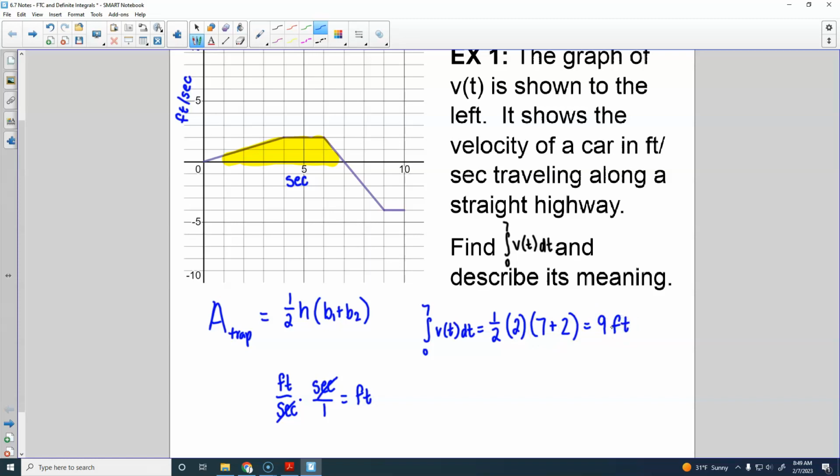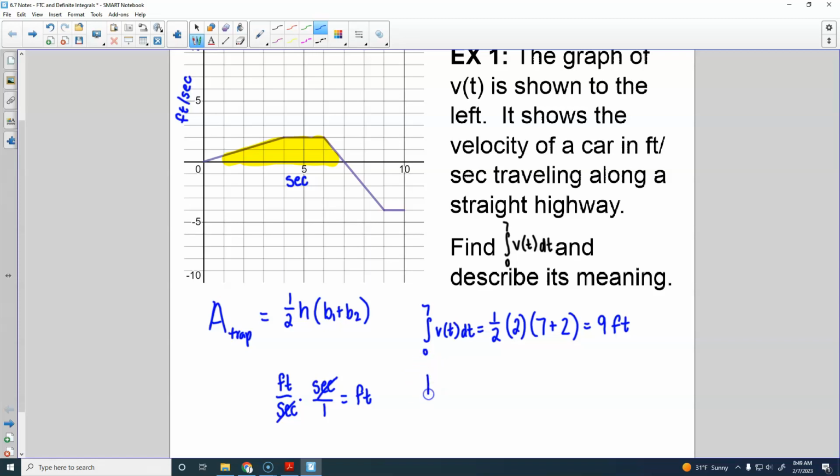So this is not position. It's going to be how far they've traveled over that time interval. So it's our change in position. Okay, so there's a difference there between position and change in position.